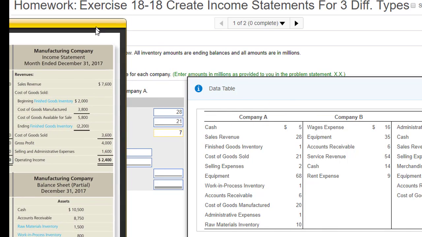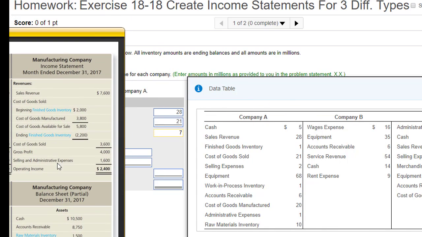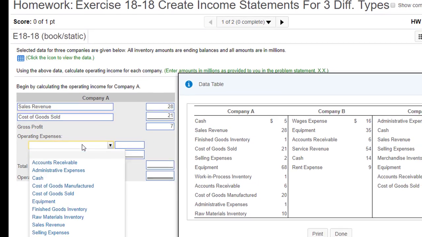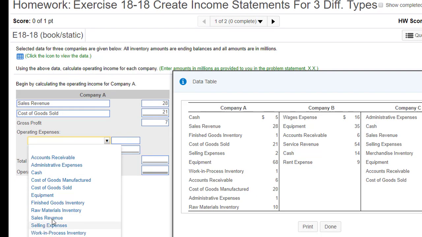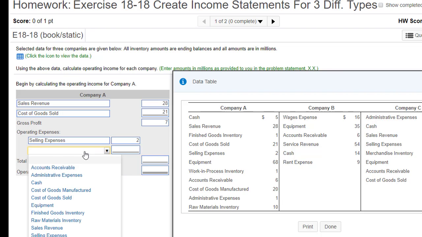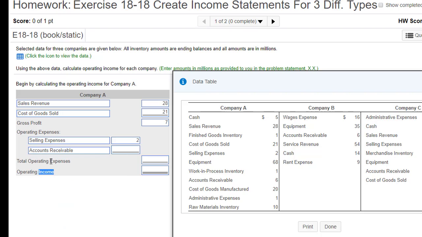And then looking back at our guide, after gross profit, we've got selling and administrative expenses and then operating income. Selling and administrative expenses are sometimes called operating expenses. So that means we've got selling expenses of 2 million, and admin expenses of 1 million.